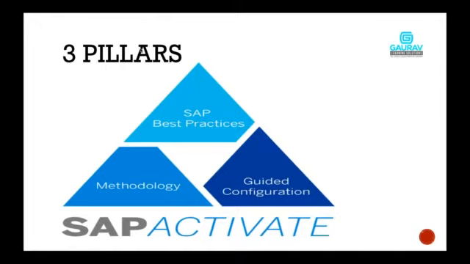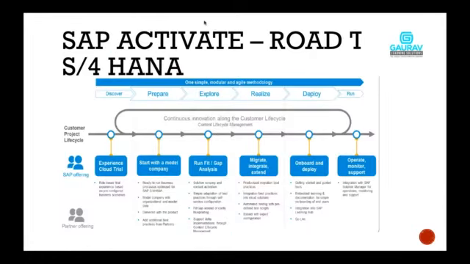These are the different phases in the SAP Activate methodology. If you try to correlate these phases with the SAP ASAP methodology, the initial preparation is called prepare. So the initial preparation is this one, prepare. The business blueprinting is explore.